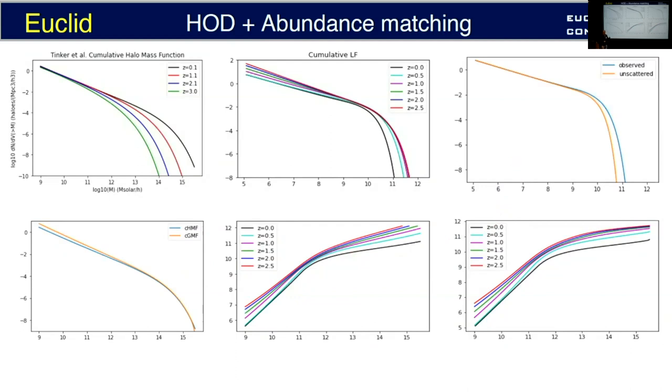But if you want to conserve the clustering, you need to account for a scatter. Otherwise, if you do magnitude limited samples, the clustering won't be as observed. So we unscatter these luminosity functions so that whenever we put in a scatter, we recover the luminosity function. And this is the abundance matching of the unscattered things.